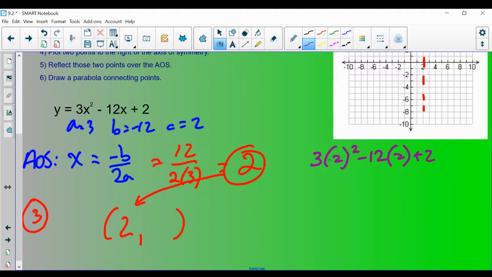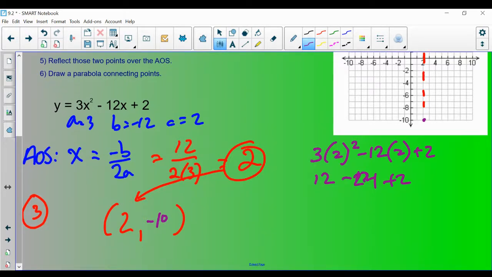Once again, our calculators can handle this full line, but so can I. 2 squared is 4, and 4 times 3 is 12, minus 24 plus 2. -12 plus 2 is -10. So our vertex in this problem is going to be, correct, 2 comma -10.